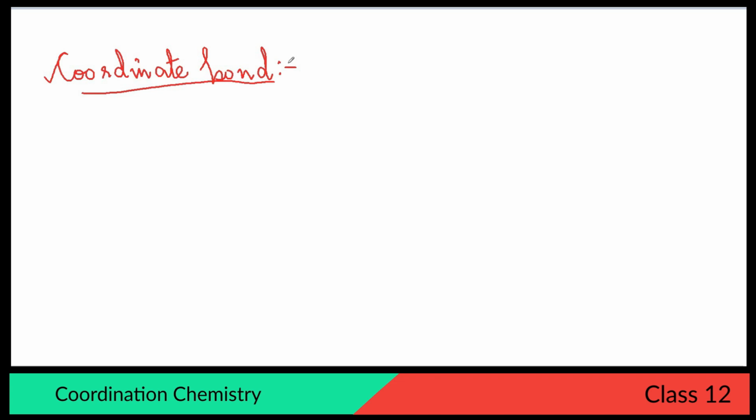How do I explain? Coordinate bond is something which we would refer to as, see, there is a thing which we say that it's actually a negotiation. How do I put the word negotiation? See, suppose you and your friend have gone to a park to play, right?